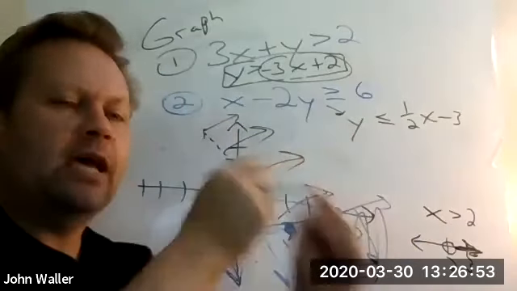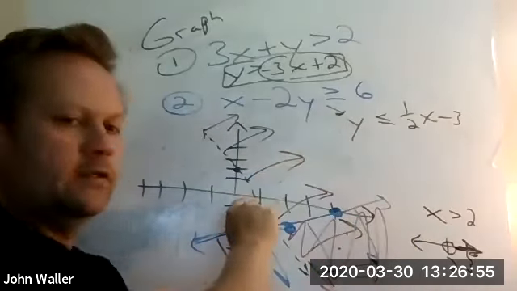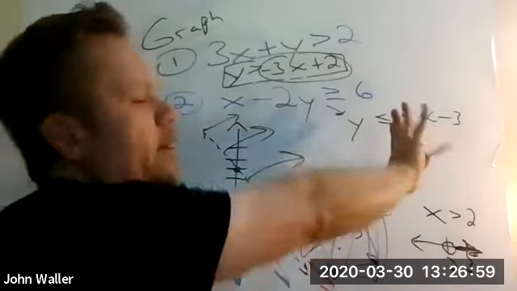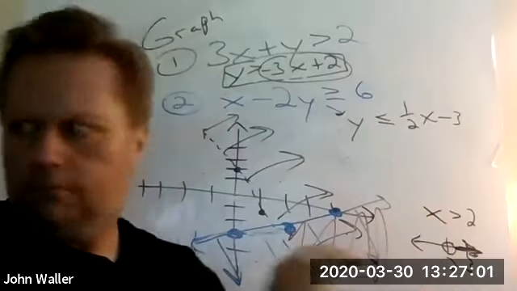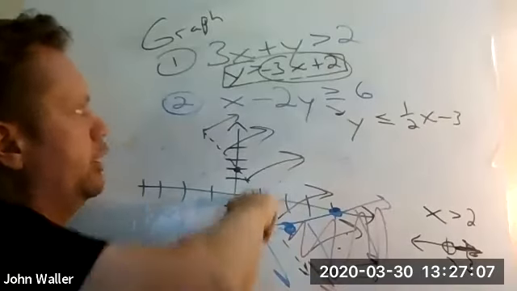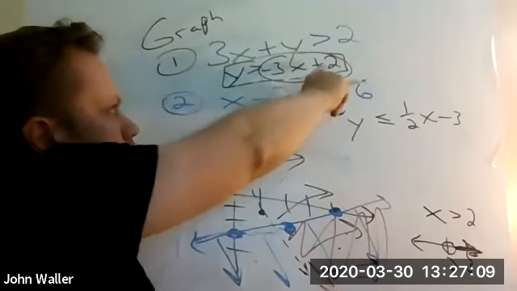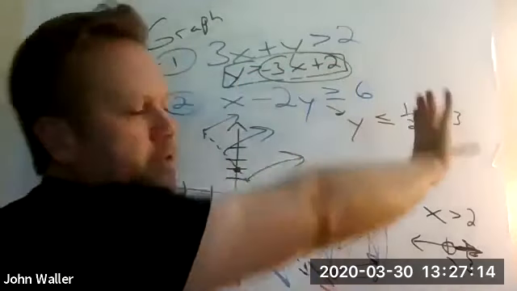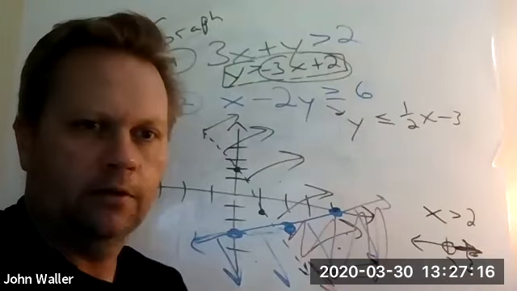So that's why we do a test point here. If it works, that side must be the answers. If it doesn't work, the other side must be the answers. So when you plug 0, 0 in, is 0 bigger than 0 plus 2? Is 0 bigger than 2? No. So the other side must be where the answers are.